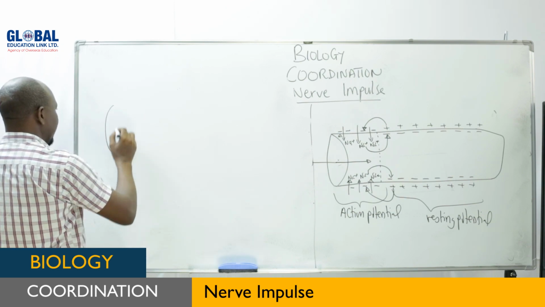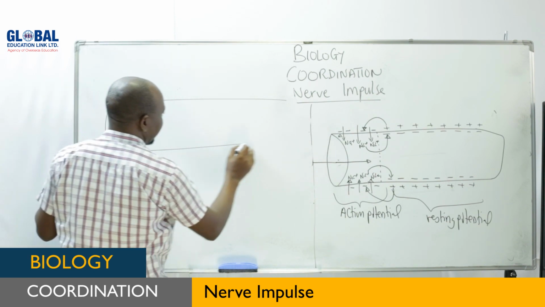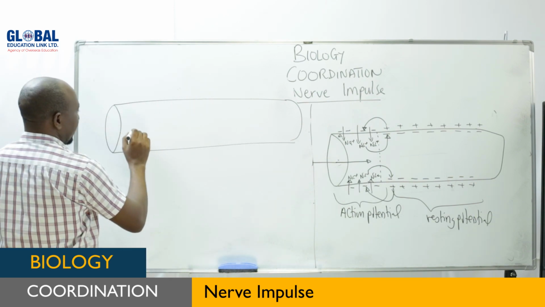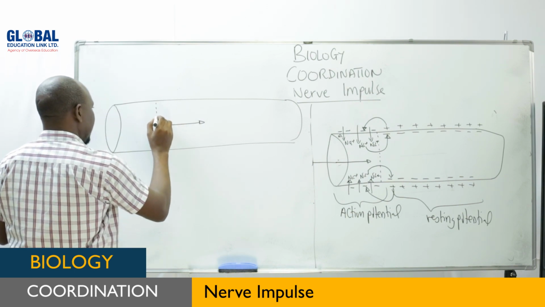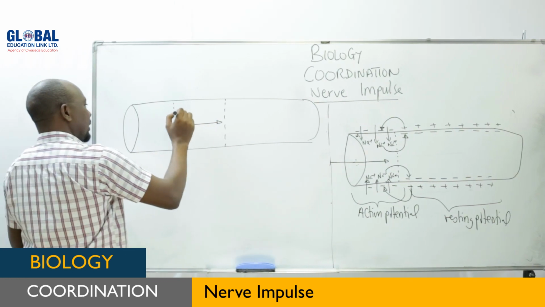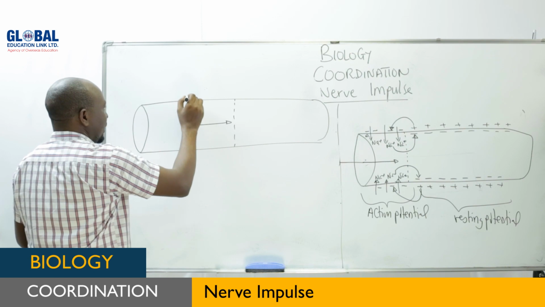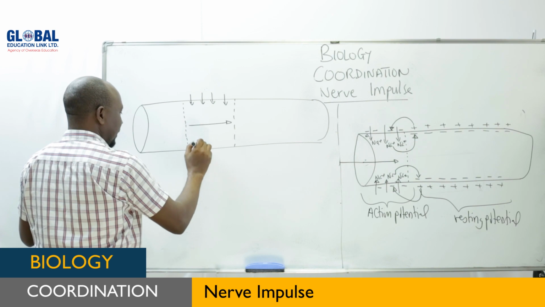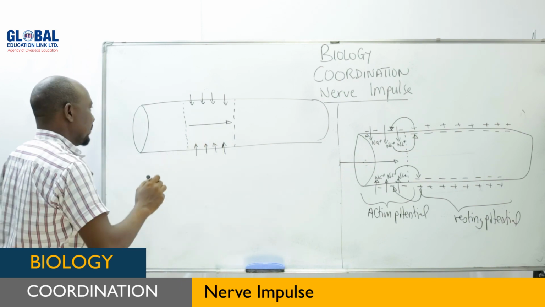And the axon membrane will be in this situation. Assuming this is the axon membrane, here the action potential has passed. Now it has reached somewhere. When the action potential reaches a certain piece of the axon, it is depolarized. The sodium gated channels open and the sodium ions get into the axon plasma.